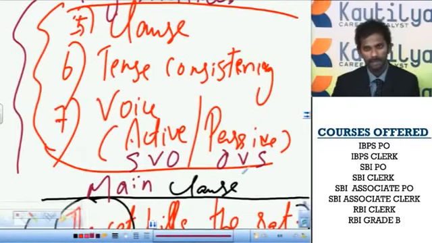I'll give you an example combining these three: clause, tense consistency and voice. Clear? Fine. I'll go for a long sentence to explain those three.